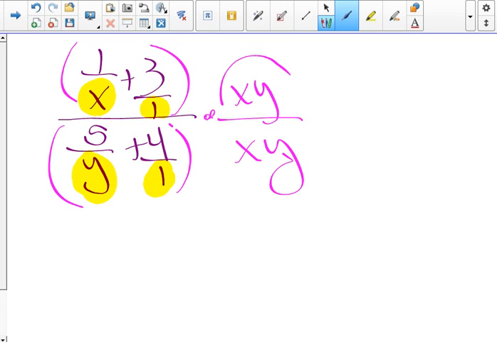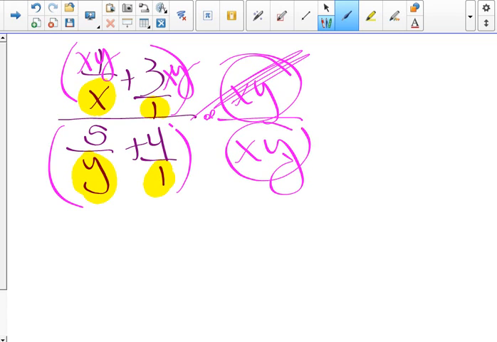What are we going to do with this xy here? Well, it's going to go here, xy, and then this will be 3xy, right? So that gets distributed. Now let's distribute this one. So it would be 5xy plus 4xy. Okay, so that gets distributed to everything. Now we will do what? Simplify. The x's cancel out.